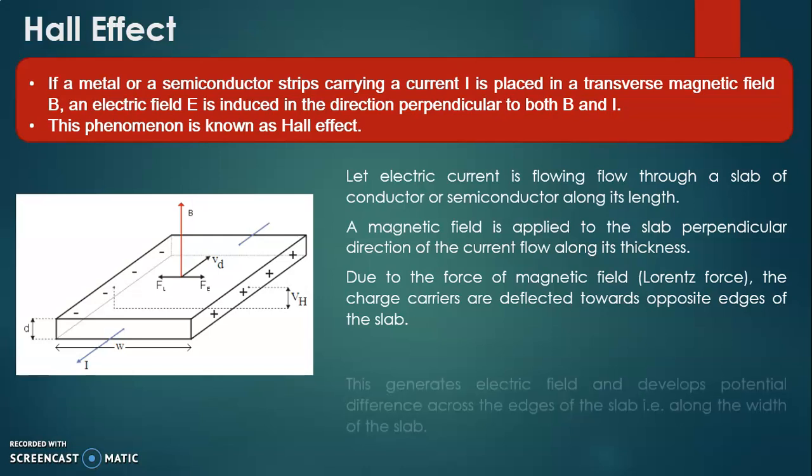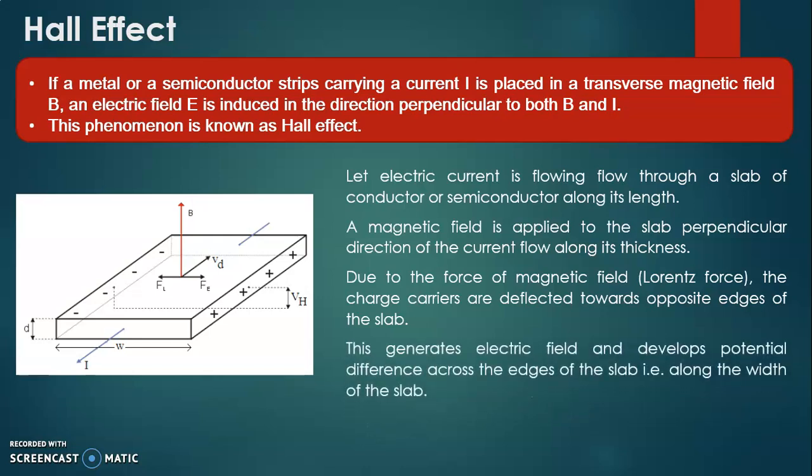That equation we'll see later. This Lorentz force generates an electric field and develops a potential difference across the edge of the slab, that is along the width of the slab.